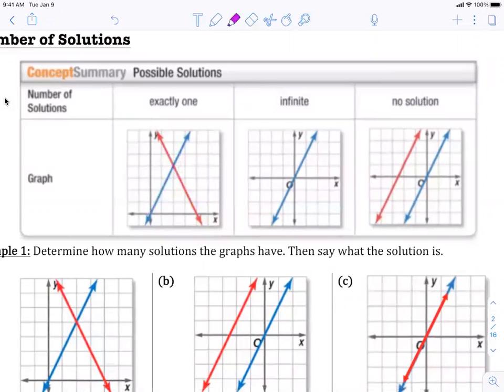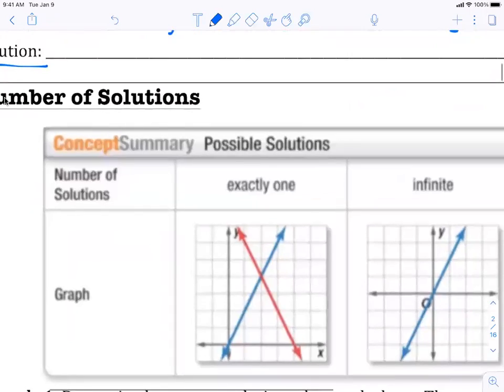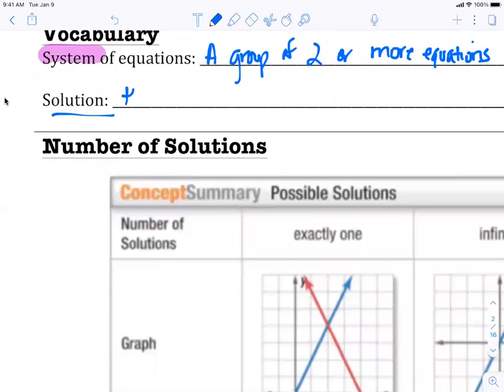The solution to any system is simply the point where the lines cross. That's really, honestly, in one sentence, the whole goal for this entire unit.